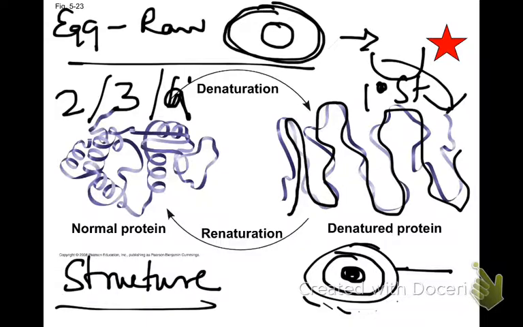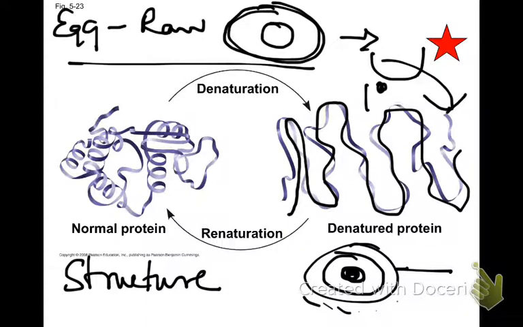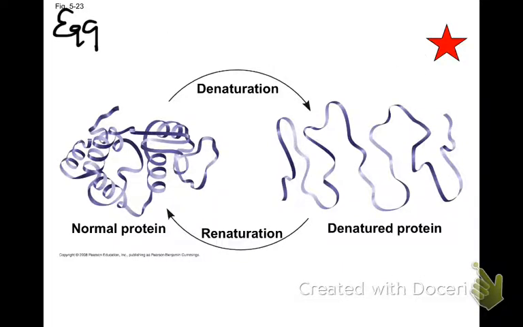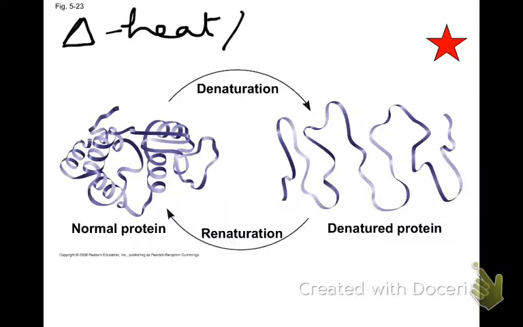So different things can cause this particular situation. What are the different things that can cause this situation? Heat. So you can have heat that can cause a change in structure, or temperature in general can cause a change in structure.